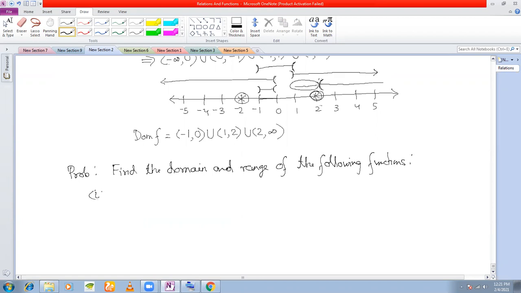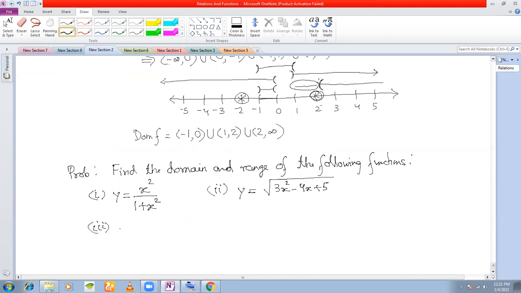First function is y is equal to, or sometimes they can give you f(x) is equal to also, y is equal to x square by 1 plus x square. The next one is y is equal to root over of 3x square minus 4x plus 5.